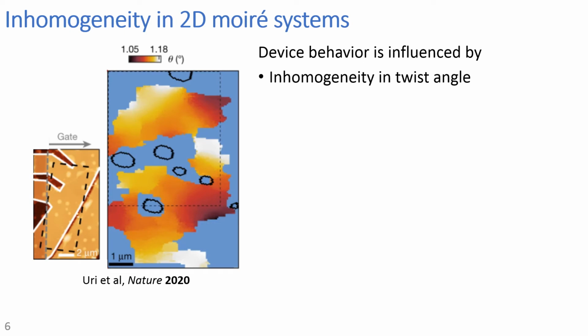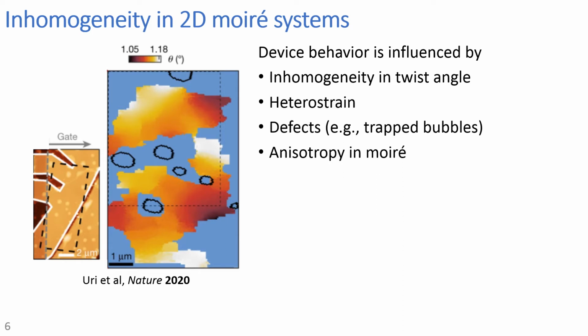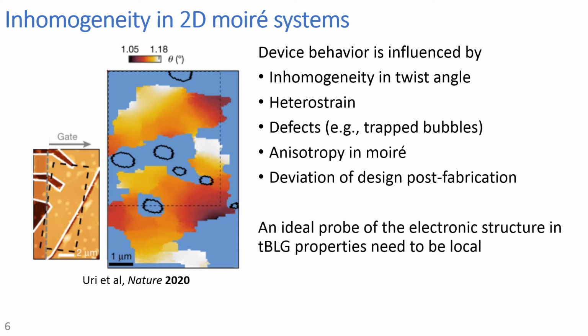This includes inhomogeneity in the twist angle, as shown here for twisted graphene probed by a SQUID on tip, heterostrain created from the fabrication process, defects that distort the moire shapes, or even changes in the twist angle in some steps of the fabrication or preparation process, such as those induced by annealing.